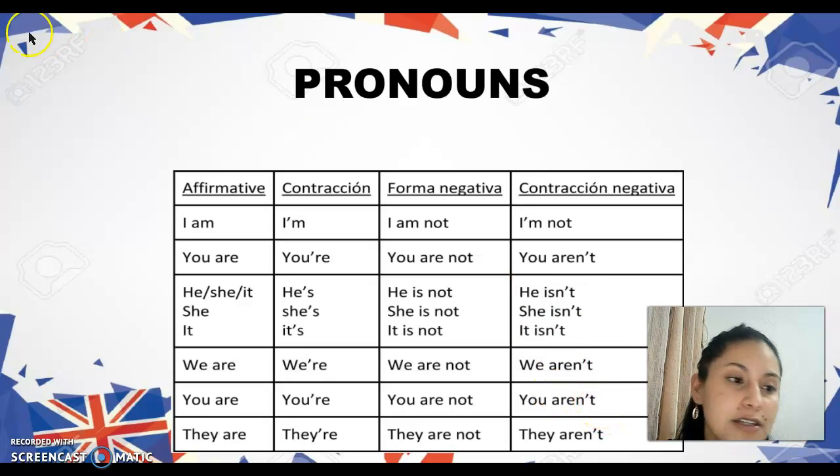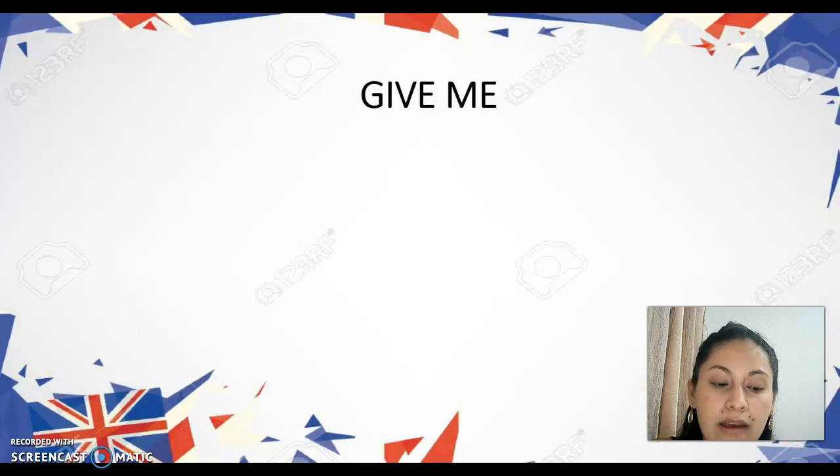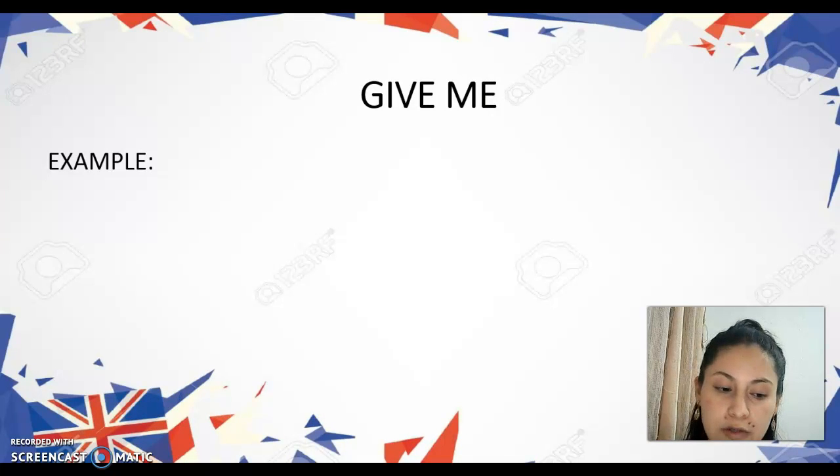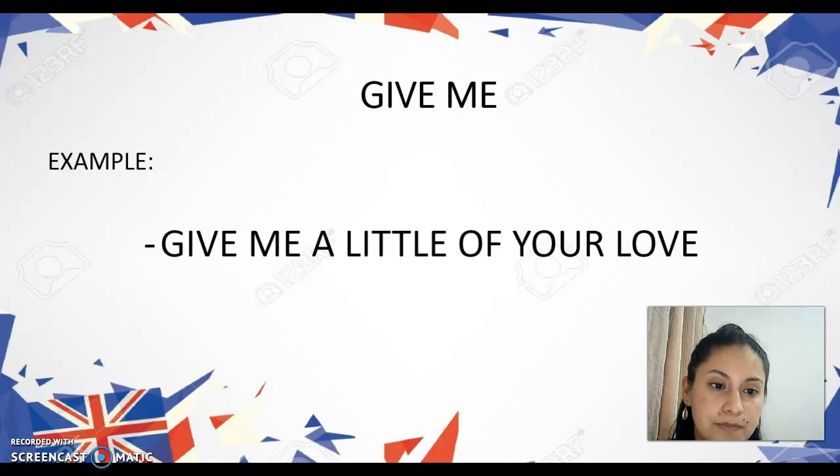Okay, the third word is "give me". Okay, that word means "dar" something. For example, in this sentence to say: give me a little of your love.